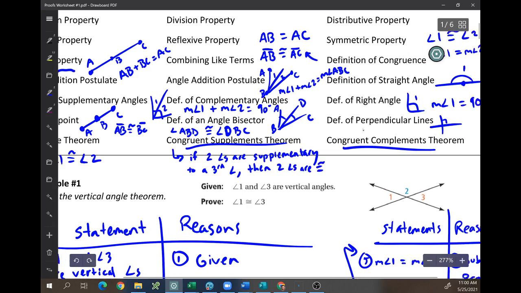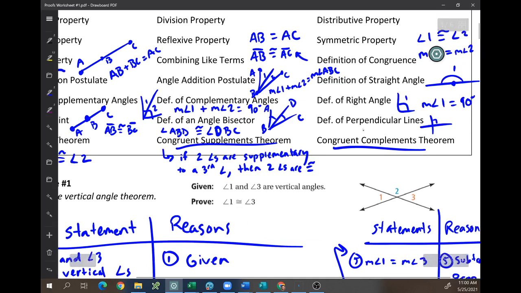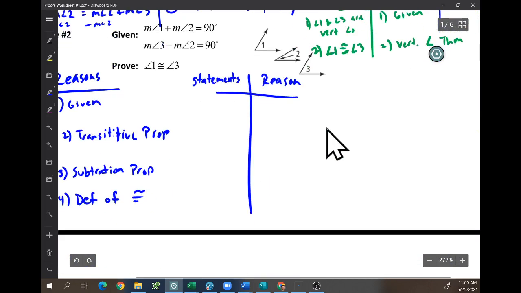And the congruent complements theorem says the same thing, but with the word complementary. So if two angles are complementary to a third angle, then the two angles are congruent. And so here, I know that the measure of angle 1 plus the measure of angle 2 was equal to 90 degrees, and the measure of angle 3 plus the measure of angle 2 is 90 degrees. So that was given to us.